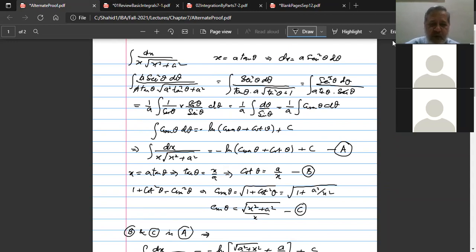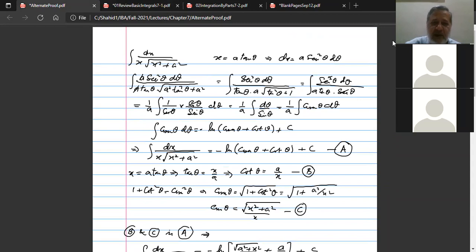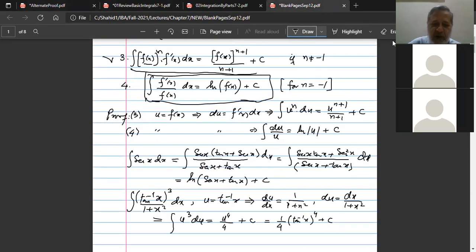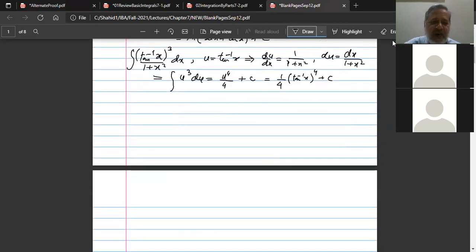Before I describe this proof, let me tell you that amongst the general techniques, substitutions, when you have got under the root, say x square minus a square, under the root a square minus x square, under the root a square plus x square. जब इस तरह की expressions होते हैं हमारे integrals पे, then what kind of substitutions are generally used? x square minus a square के case में we use substitution a secant theta.